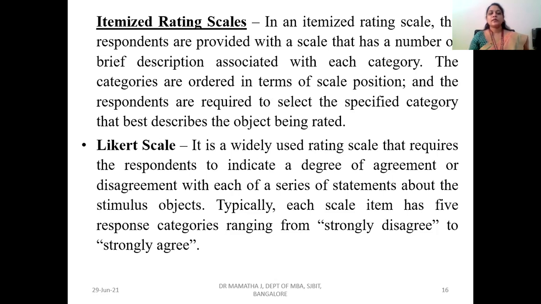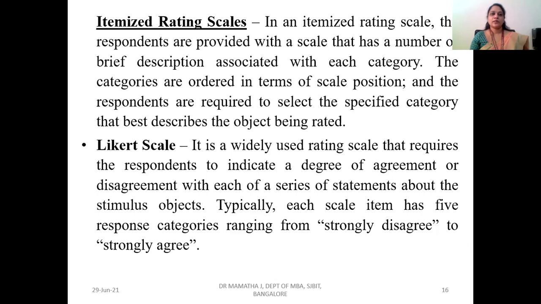Each item describes a particular object. You will have a number of statements related to the object or to your research problem, and each item will be rated against some scale. So that is the Likert scale. Usually in the Likert scale we have a 3-point scale, a 5-point scale, and a 7-point scale, which is the most advanced.